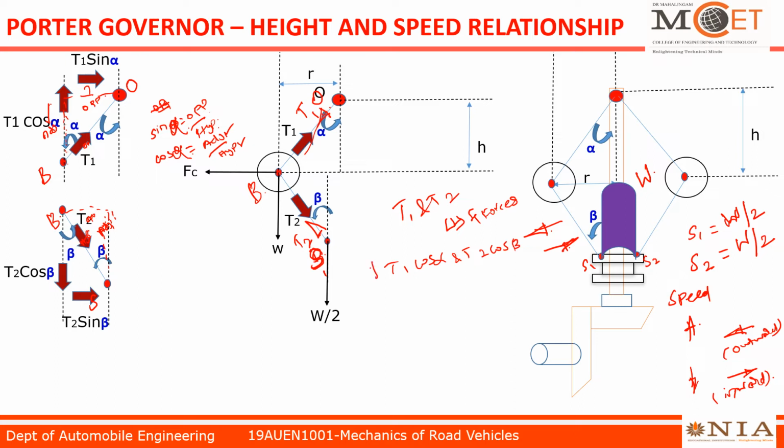T1 cos alpha in upward direction, T2 cos beta in downward direction. Two horizontal forces are T1 sin alpha and T2 sin beta. T1 sin alpha in right hand direction and T2 sin beta in right hand direction. These two are opposite, these two follow the same direction.